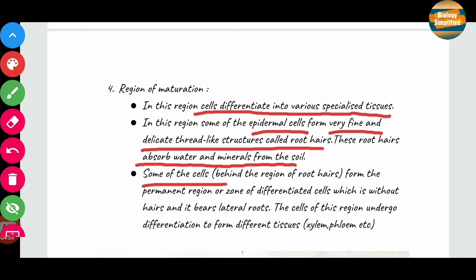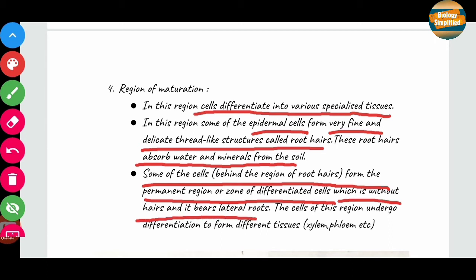Some of the cells behind the region of root hairs form the permanent region or the zone of differentiated cells, which is without hairs and bears lateral roots.